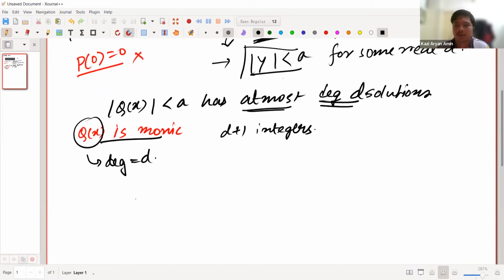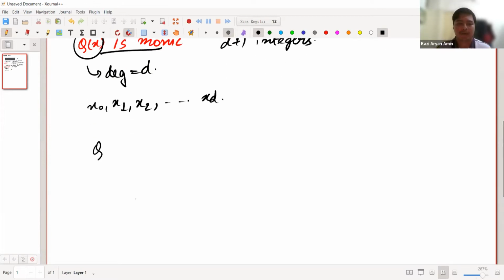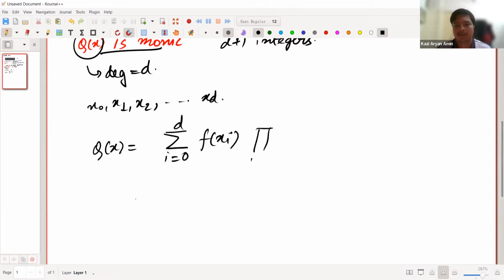Suppose you use Lagrange interpolation on the points x0, x1, x2 up till xd. Then you can say q of x is the summation over i equals 0 to d of f of xi times the product over j not equal to i of (x minus xj) over (xi minus xj).